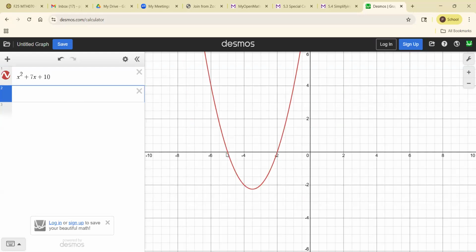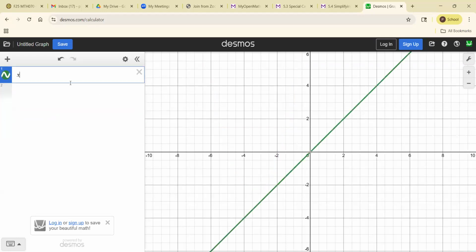And the x-intercepts are the opposite of the corresponding factors. So since I have a -5, that turns into an x plus 5. And since I have a -2, that turns into an x plus 2. And that exactly factors my equation. And if you glance back earlier in the video, I think this was the first example I did. Yep. No, I didn't actually factor it. I just wrote it down.